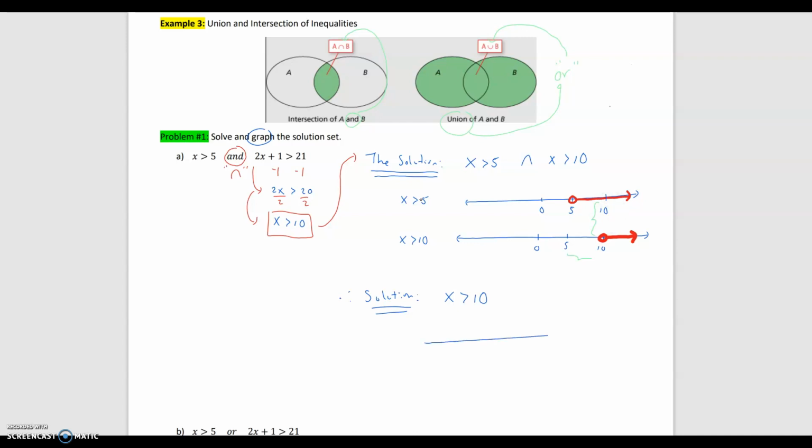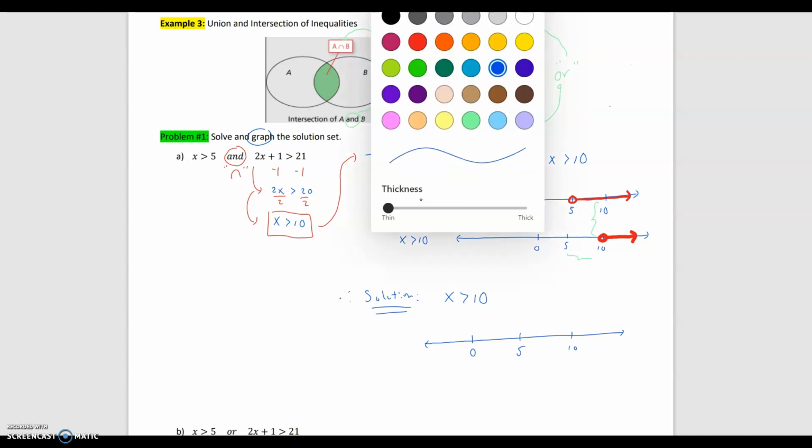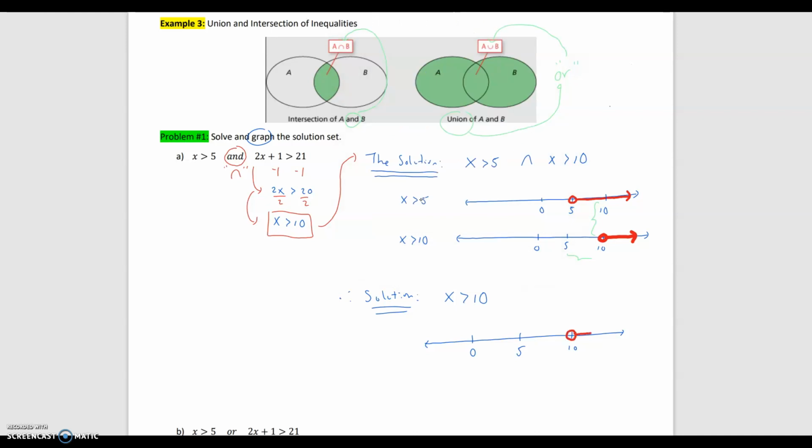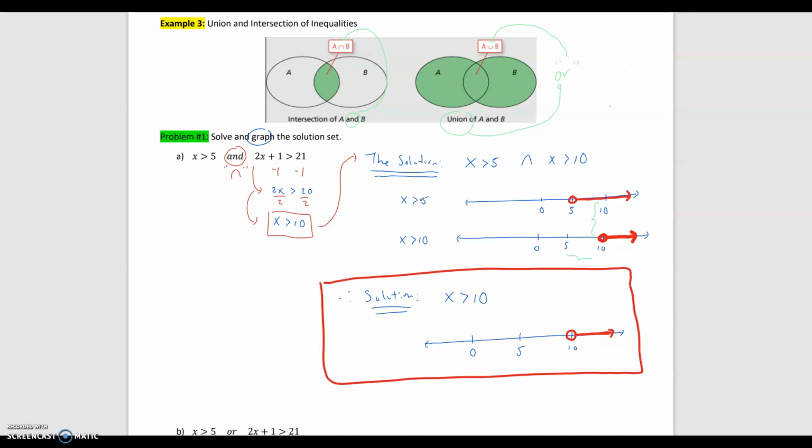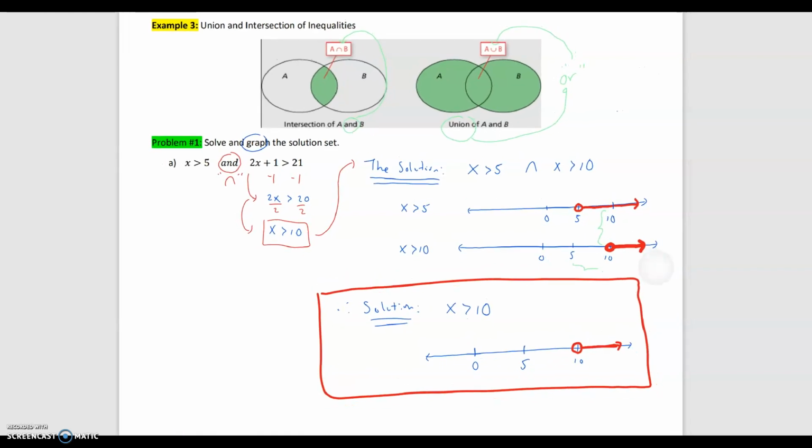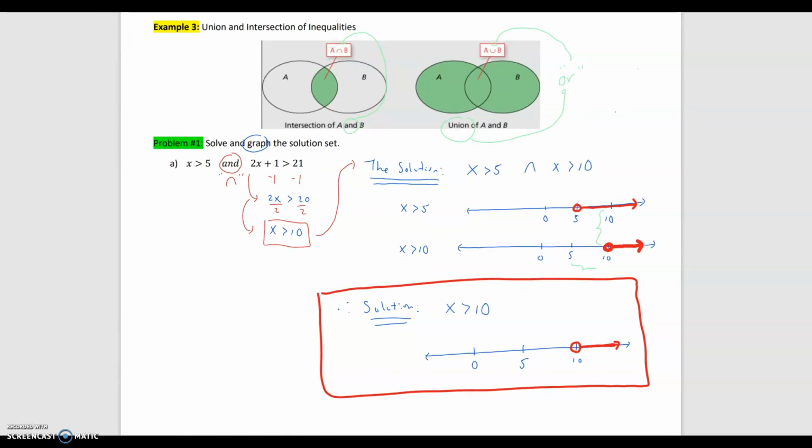And then on your graph, you would basically say this is 0, that's 5, that's 10, and it's only going to include all the values after 10. We're supposed to simplify it as much as we can, and that's going to be the main solution, x greater than 10. That represents your intersection, or where both of the solutions meet.